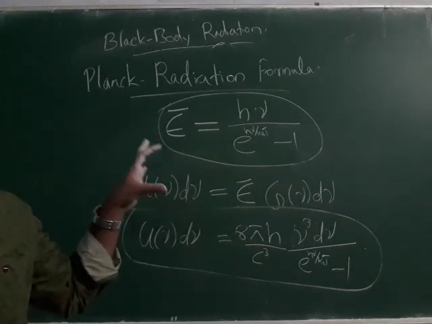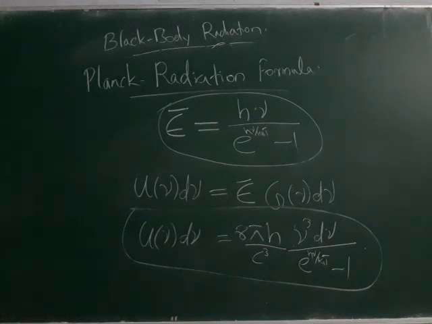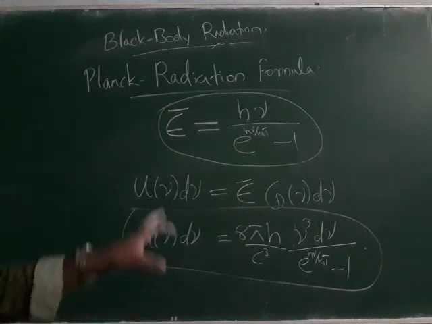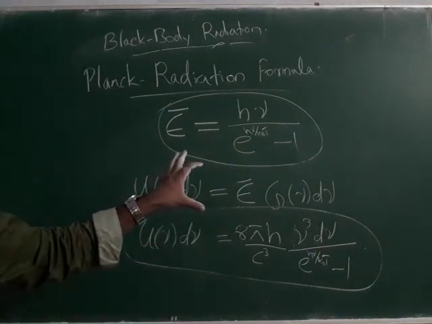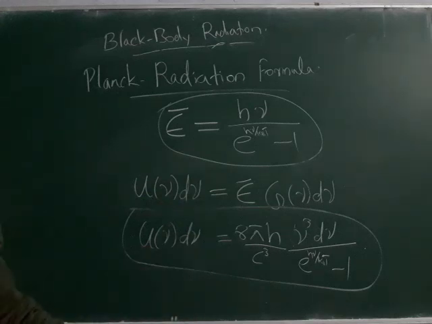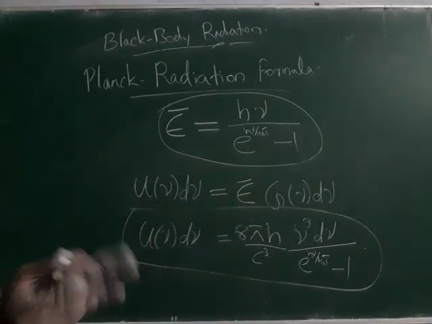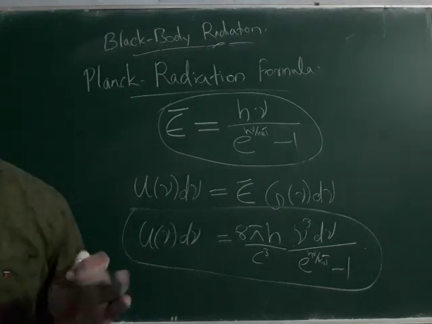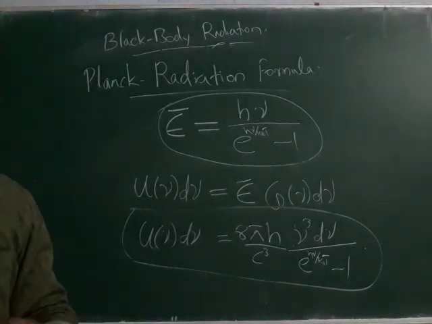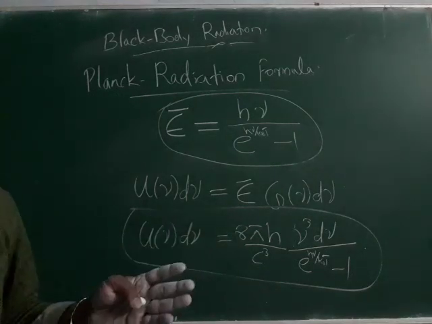black body radiation spectrum. Okay, under thermal equilibrium, the energy distribution can be determined by the Bose-Einstein statistics, and that is an important thing. And there is an important difference between photons and other particles. That is, the number of photons in a cavity need not be conserved.